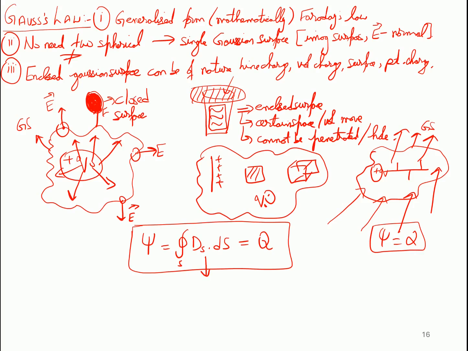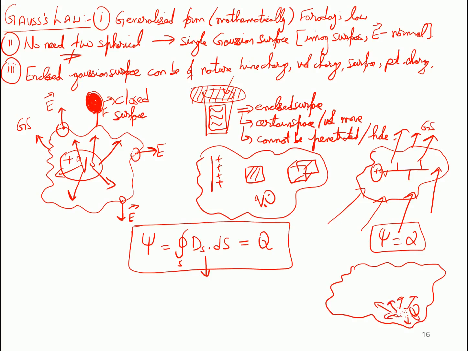So in order to understand this, let us assume that we have an arbitrary Gaussian surface, and it has multiple point charges q. Obviously each charge is going to radiate energy in different directions.